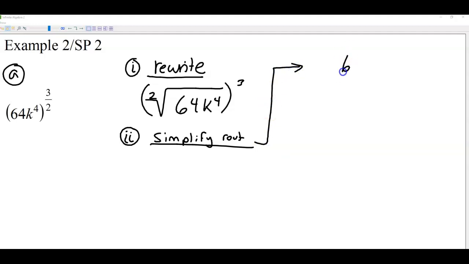So 64k to the 4th. 64 is 8 times 8. K to the 4th is 4 k's being multiplied together.